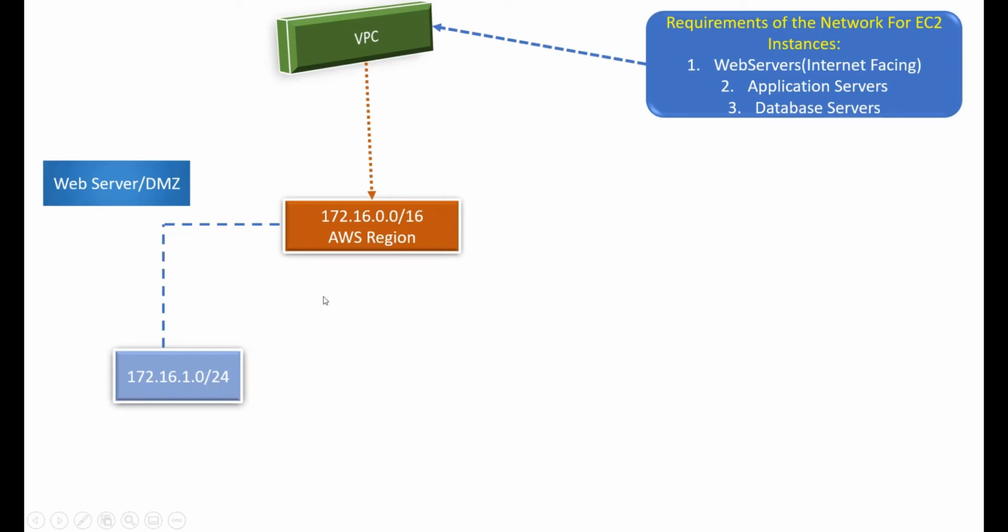Let's say I want to create one more subnet for the applications. Then I select this range from this CIDR: 172.16.3.0/24. Similarly, after 16 you can have any number, 1, 2, 3, 4 till 254.